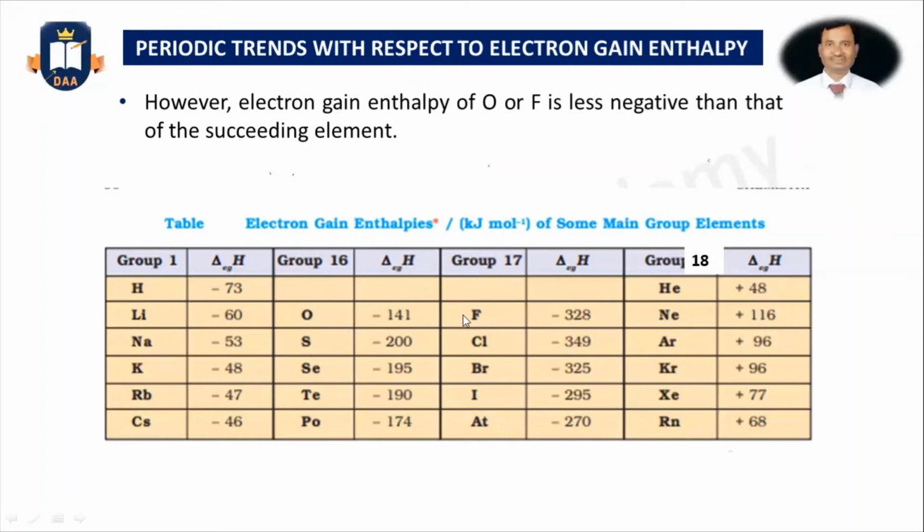And fluorine also has a less negative electron gain enthalpy, which is minus 328, than chlorine, whose electron gain enthalpy is minus 349.